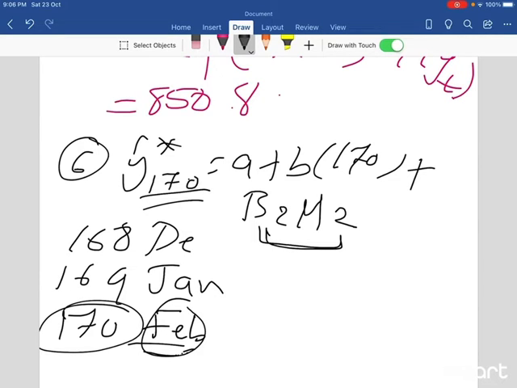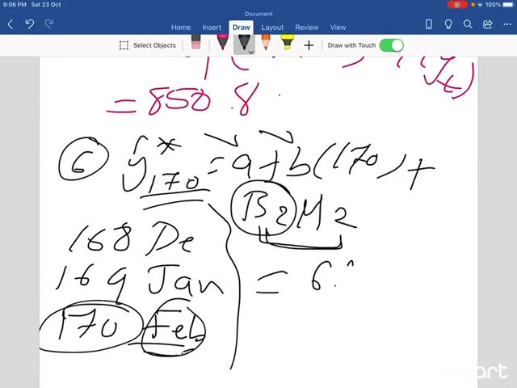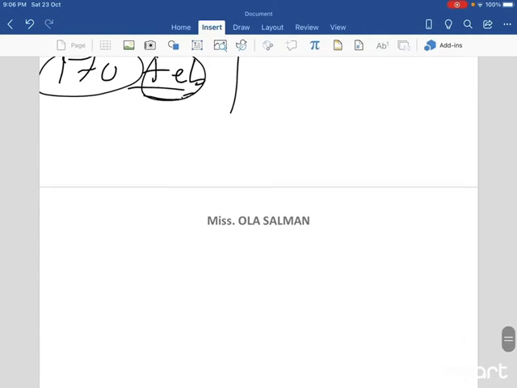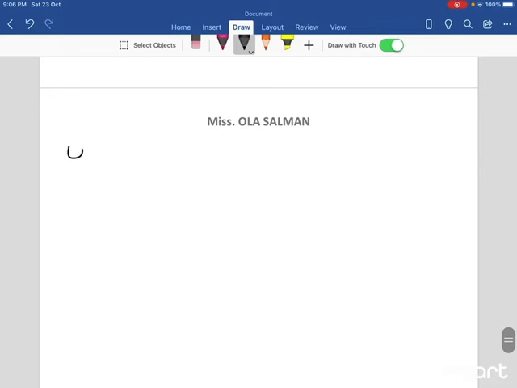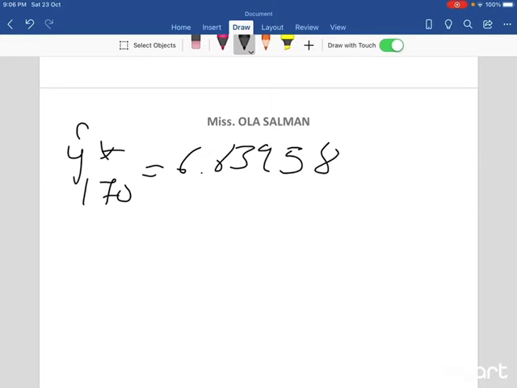I will substitute by A, B and beta 2 from the output. It will be equal to 6.63958. So y hat star for 170 is 6.63958.